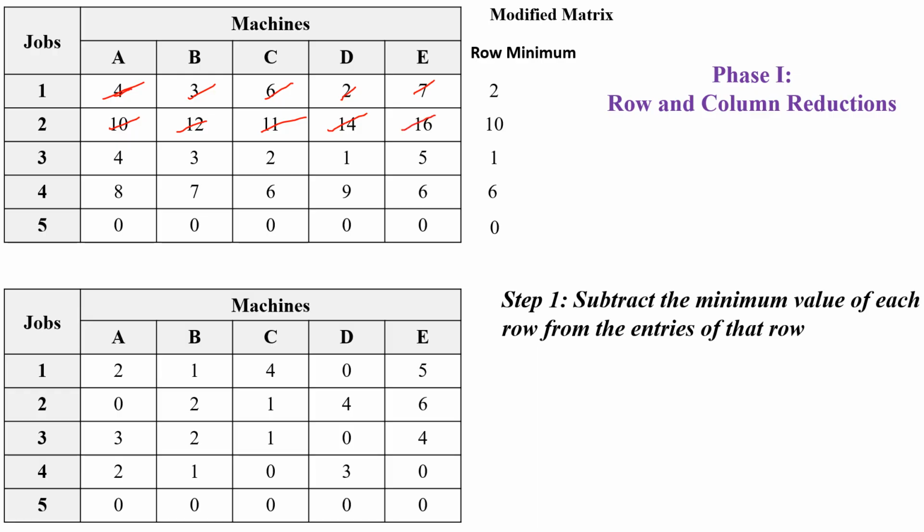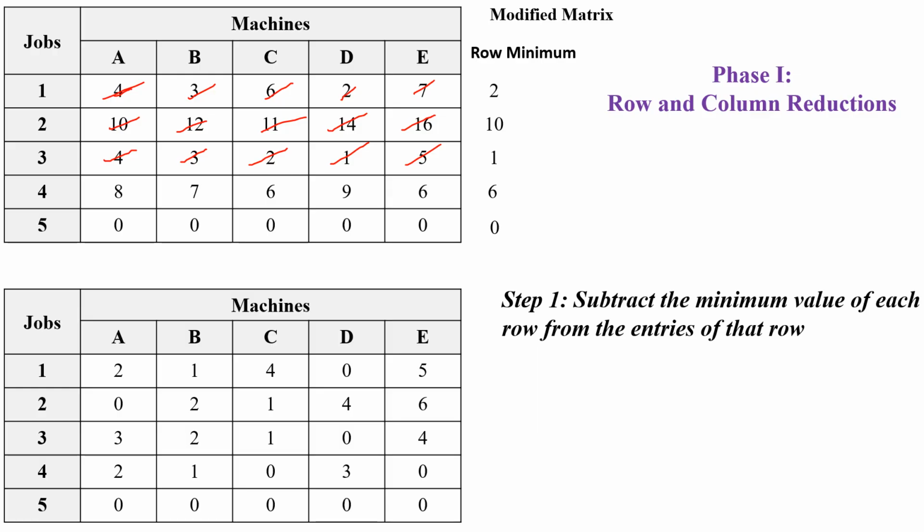Next, subtract the minimum value 1 from the third row. Then the third row becomes 4 minus 1, 3. 3 minus 1, 2. 2 minus 1, 1. 1 minus 1, 0. 5 minus 1, 4. Next, subtract the minimum value 6 from the fourth row.